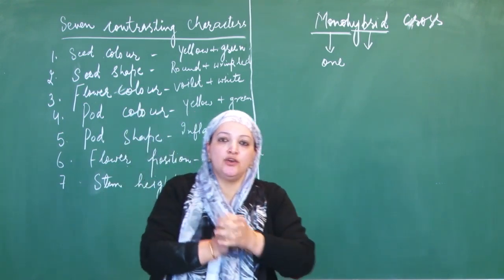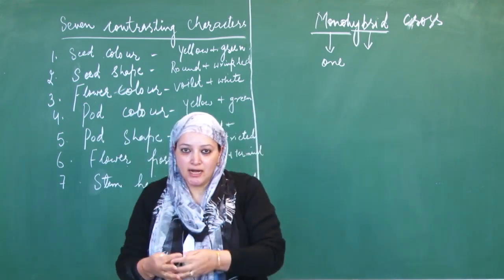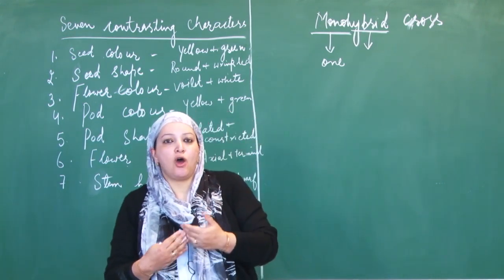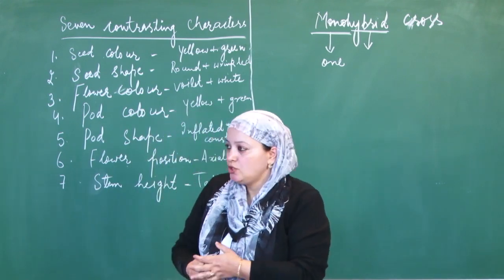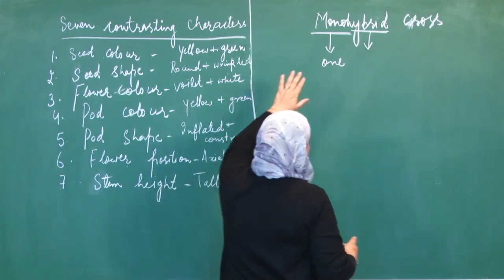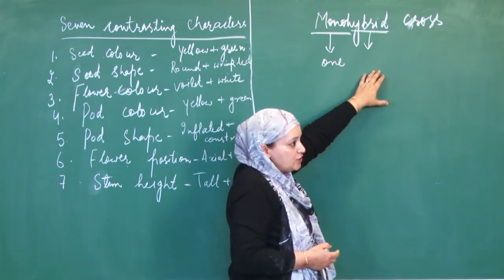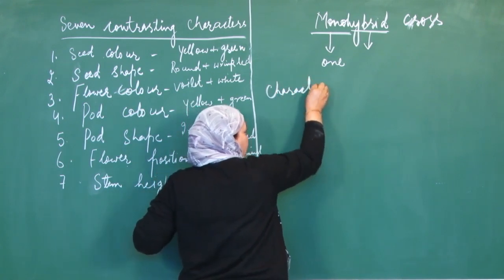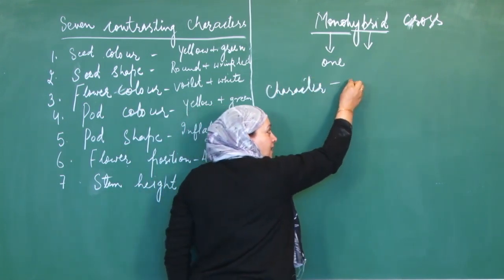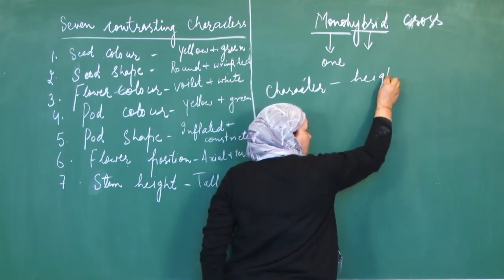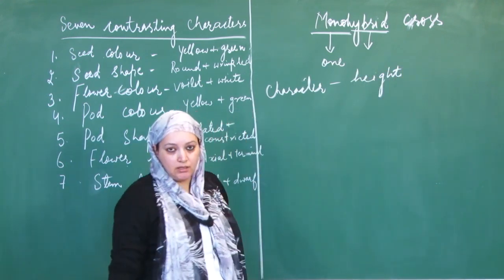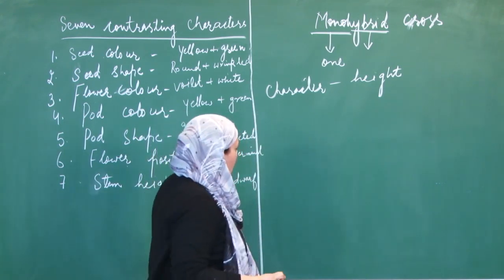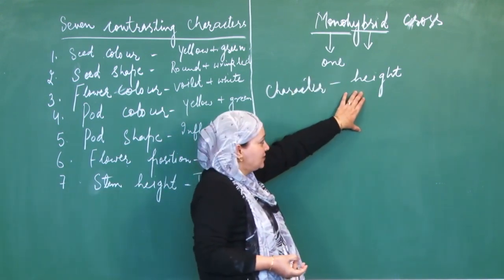So hybrid is a new form of plant which results from crossing between 2 plants of the same species. So he took one character into consideration and he focused on one character. What was that character? The character was height. He took one character that was height in his monohybrid cross.